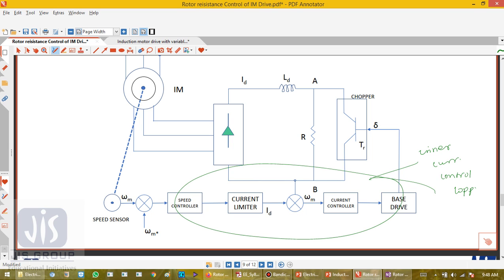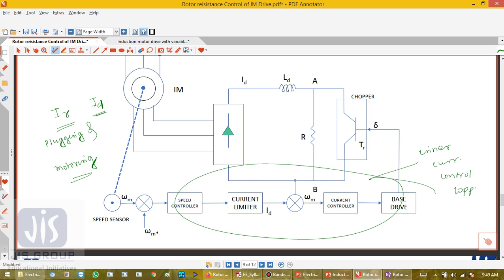Now the rotor current IR, and therefore ID, has a constant value at the maximum torque point, both in plugging as well as motoring operation. So IR and ID have a constant value.